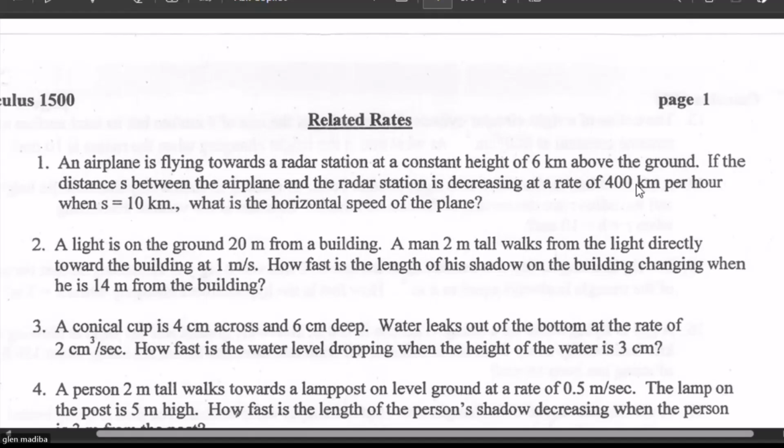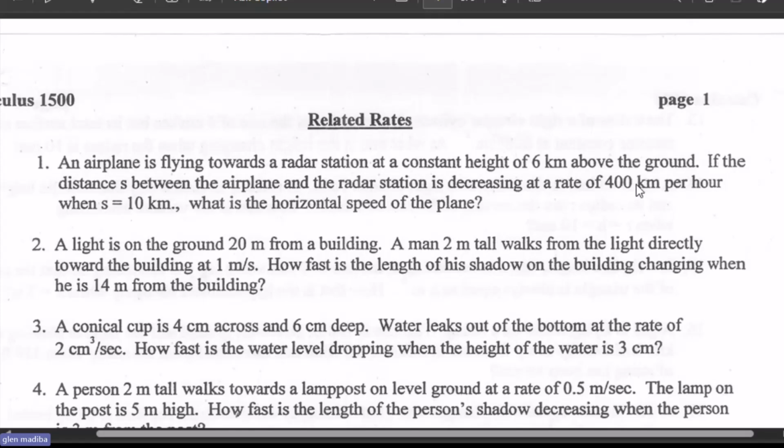So it makes sense why you're saying it's negative, because obviously the distance is becoming smaller. Because this plane is going to land. It's going to end up being at 0. When it lands, when it comes to a complete standstill, the distance will be 0 between the plane and where it's going to land.